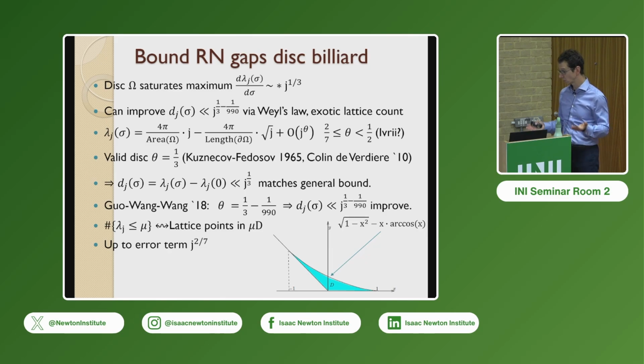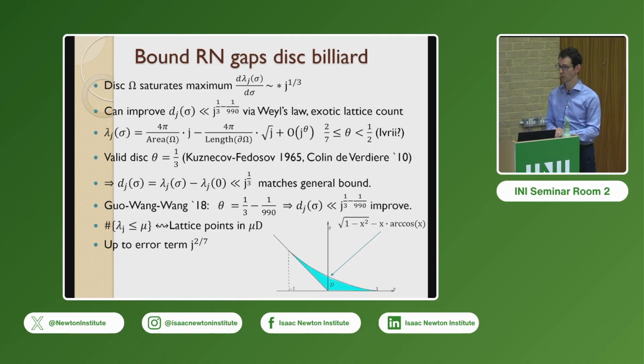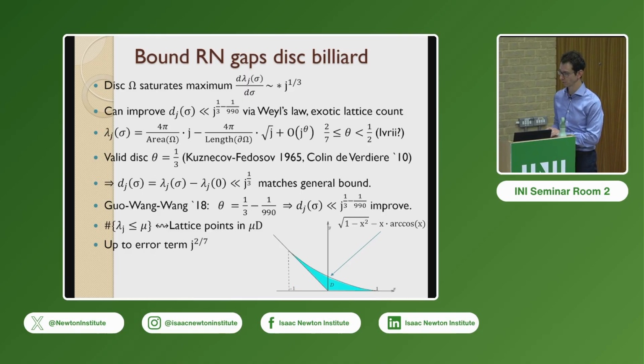It is quite plausible that you can improve the 2/7 for the lattice point counting problem, but that will not improve the corresponding Weyl law or bound for the Robin and Neumann gaps.